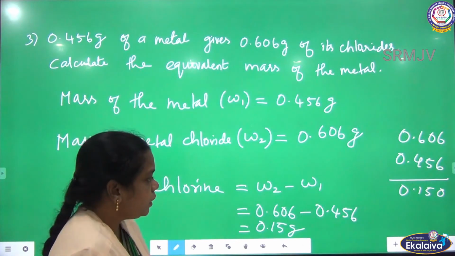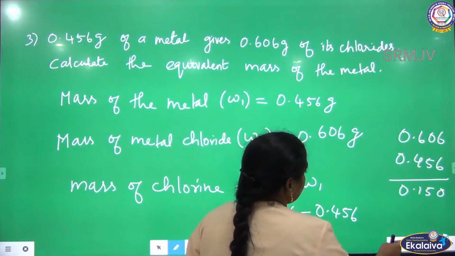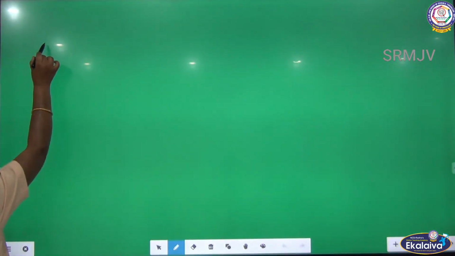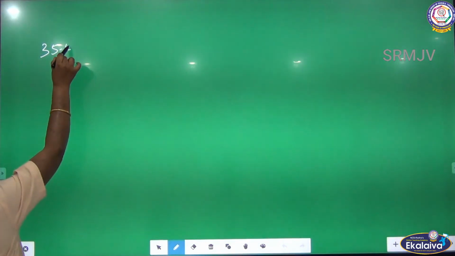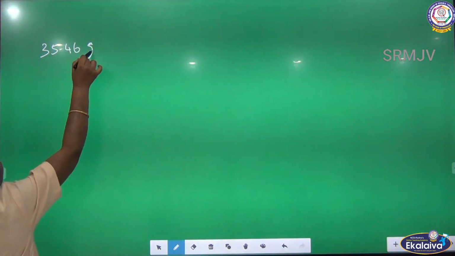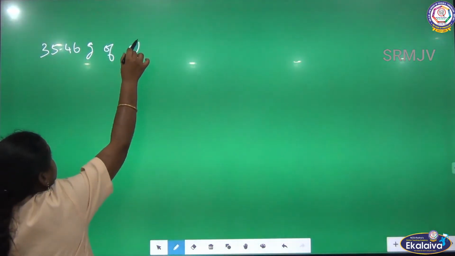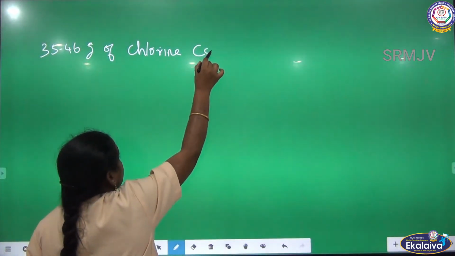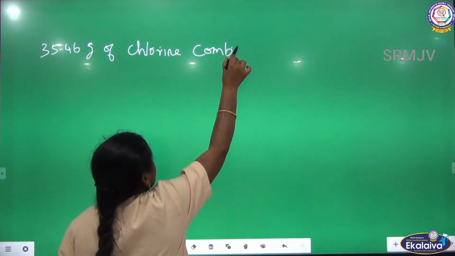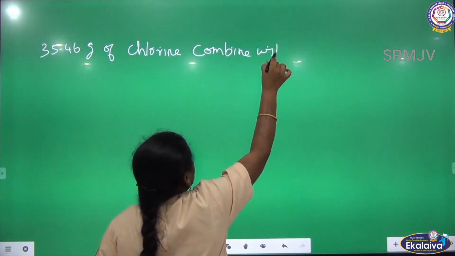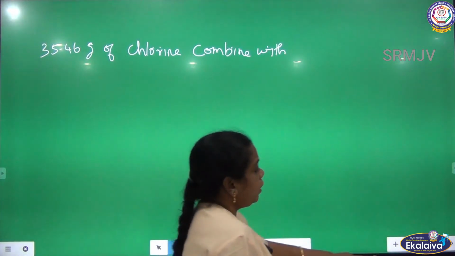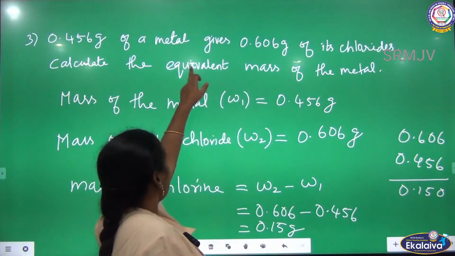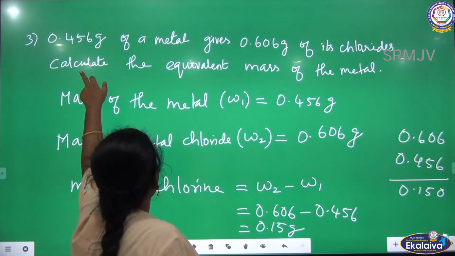Now, next you are going to see that 35 gram of chlorine combines with. So, what is given now? What is the mass of the metal? 0.456.